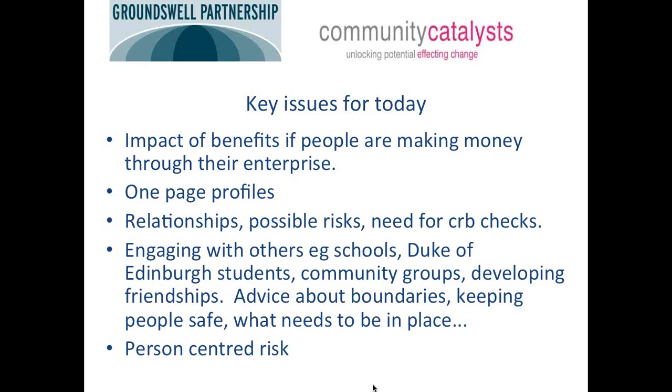For somebody setting up an enterprise, they recognise they need time to establish it, and so they allow a 12-month startup period where any income gained from that enterprise will not have an impact on benefits at all, and they won't assume a minimum level of income from self-employment, which is known as the minimum income floor. I can talk about that further. And so that is actually very, very helpful.